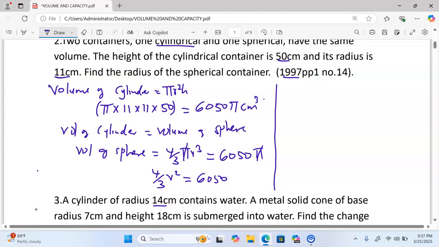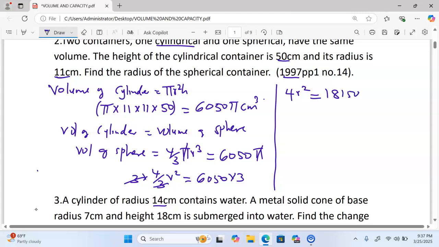From here we can multiply both sides by 3, such that we eliminate the fraction. We are going to remain with 4r cubed being equal to 6050 times 3, which is 18,150.